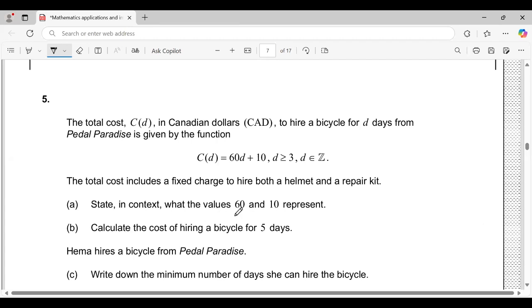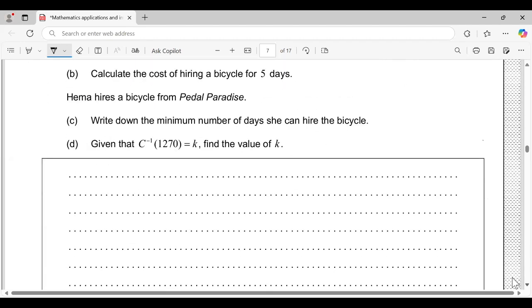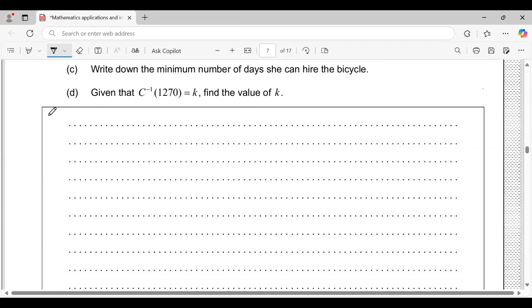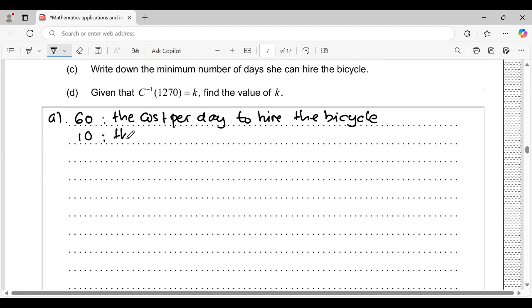State in context what the values of 60 and 10 represent. 60 represents the cost per day to hire the bicycle. 10 represents a fixed charge to hire a helmet and a repair kit.